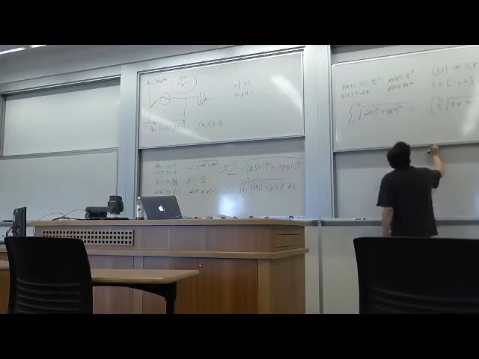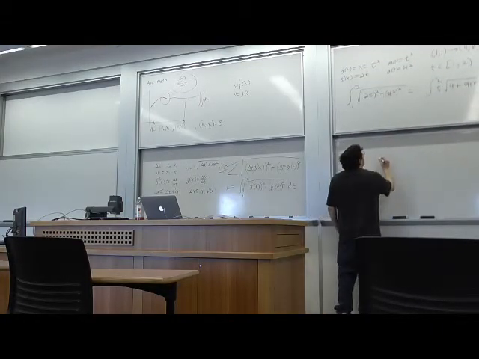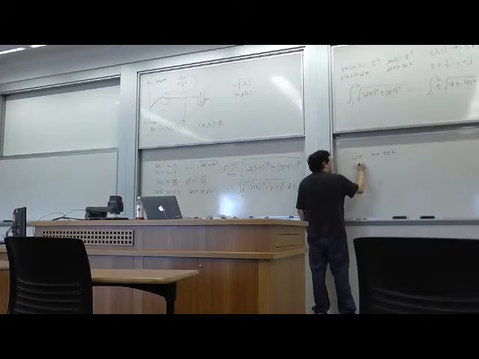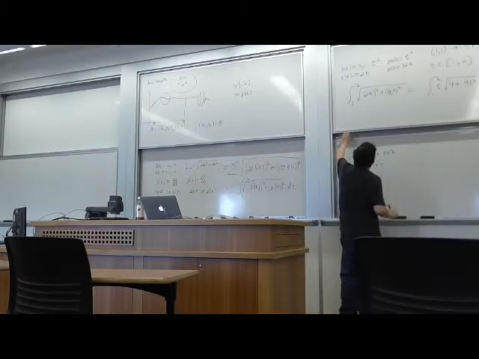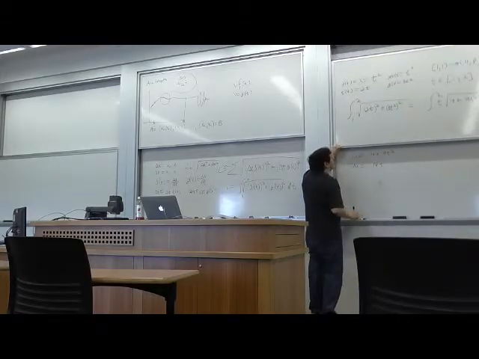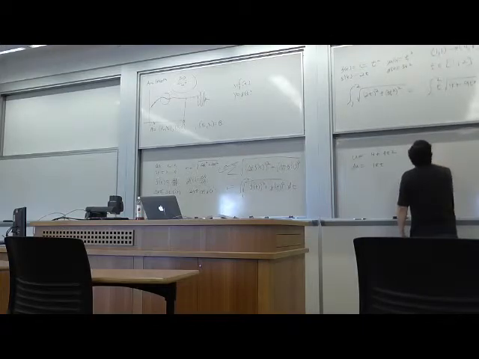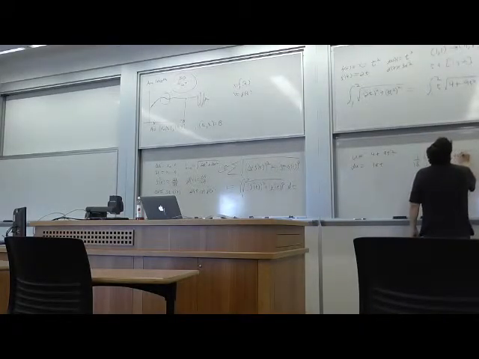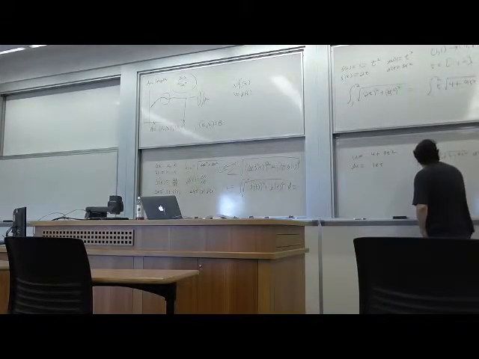We could just say u equals 4 plus 9t squared. So du equals 18t dt. That would make it convenient to rewrite this as 1 over 18 times 18t square root of 4 plus 9t squared dt, because then I just get 1 over 18.